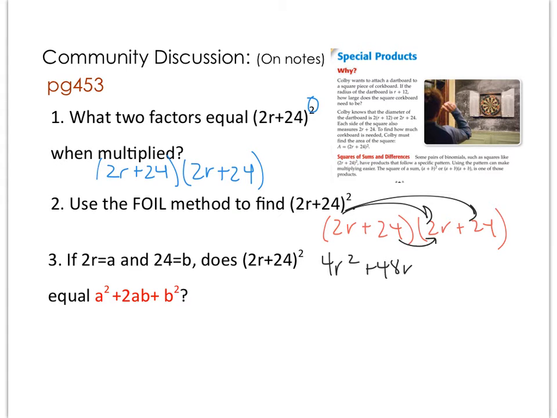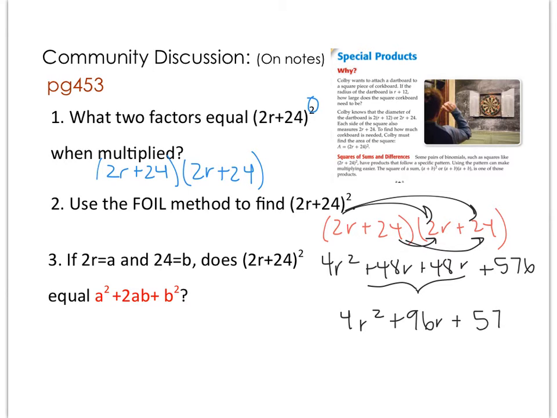And then another 24 times 2r is 48r. And 24 times 24 is 576. So if I combine my like terms, 48 and 48 give me 96r, and then plus 576. So that's what I would get when I would FOIL 2r plus 24, the quantity squared.